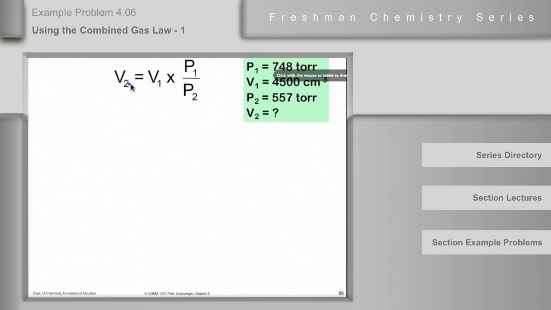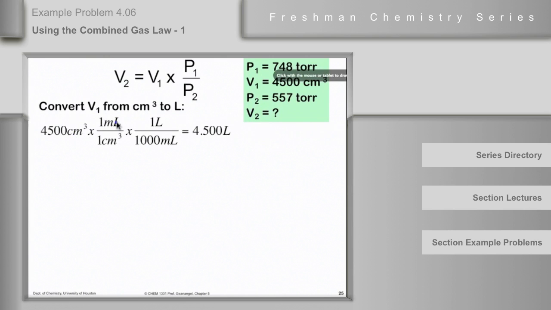So V2 equals V1 times P1 over P2. Here are the values. We're going to convert V1 from centimeters cubed to liters. 1 milliliter is equal to 1 centimeter cubed. So we can go from centimeters cubed to milliliters, from milliliters to liters, and that's 4.5 liters. Okay.